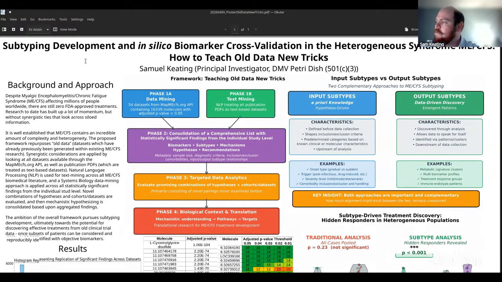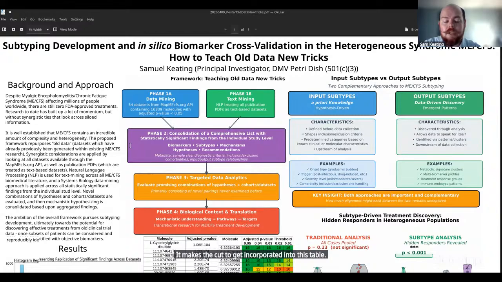The consolidation comes into play in phase two here, using basically the manual curation effort with the data mining, and some automation help with NLP powering the text mining, to structure the biodata as the first column of a human readable table that consolidates all of these statistically significant findings from the entire field into a single human readable table. As long as it's got statistical significance, it makes the cut to get incorporated into this table.